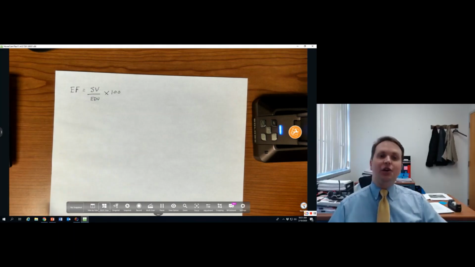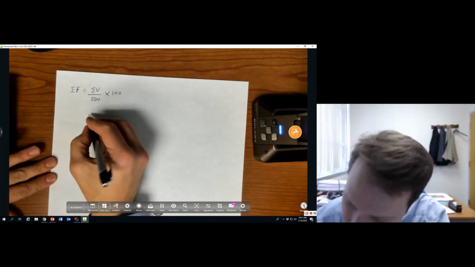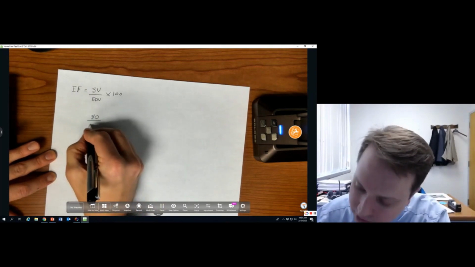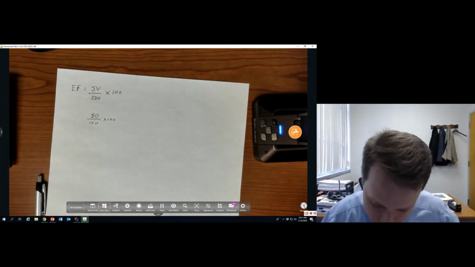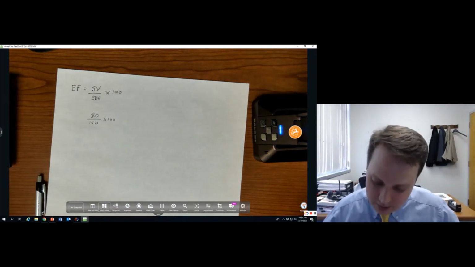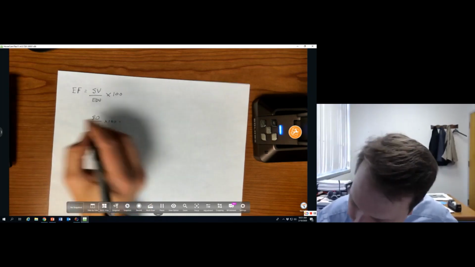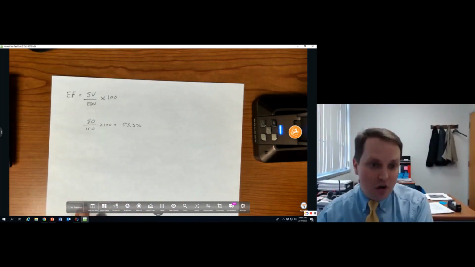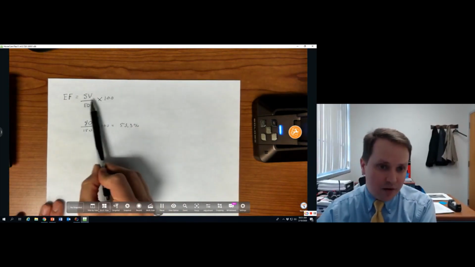So let's say we had a normal stroke volume of 80 and an EDV of 150 times 100. So 80 divided by 150 times 100 would be about 53.3%. Okay? So, all you're doing with ejection fraction is stroke volume over EDV times 100.